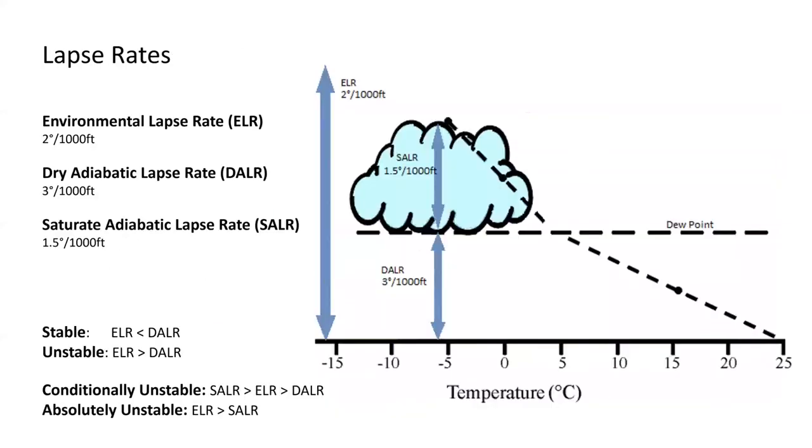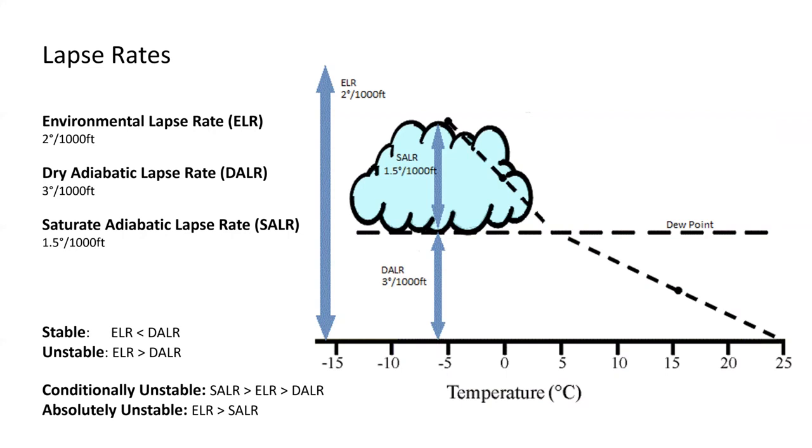Okay, so now we've got a kind of a visualization of that. We can examine what happens with these lapse rates. So temperature along the bottom here, and you can see that 3 degrees drop per 1,000 feet gives you one particular gradient. That gradient changes after you reach this line called the dew point.